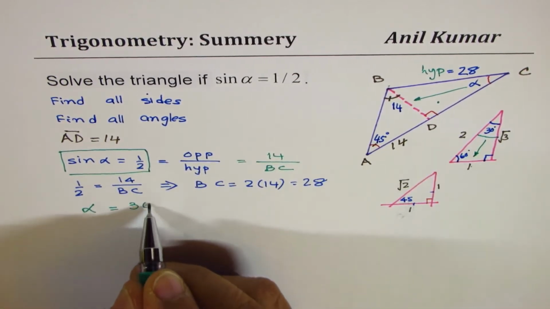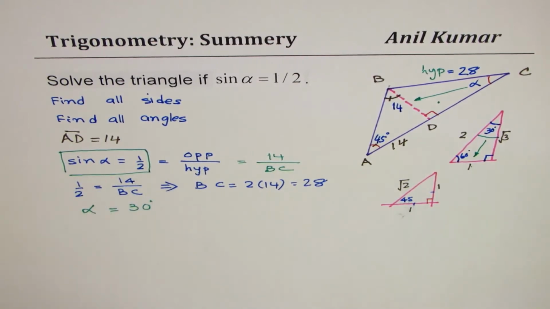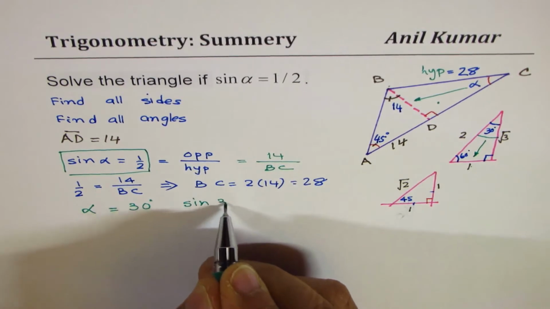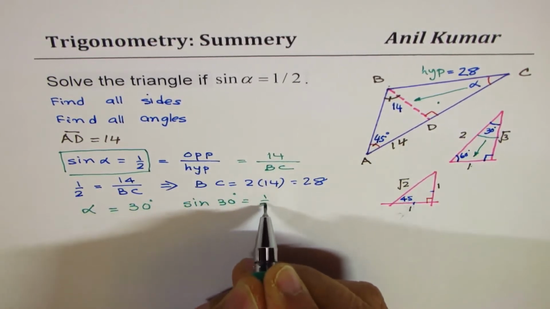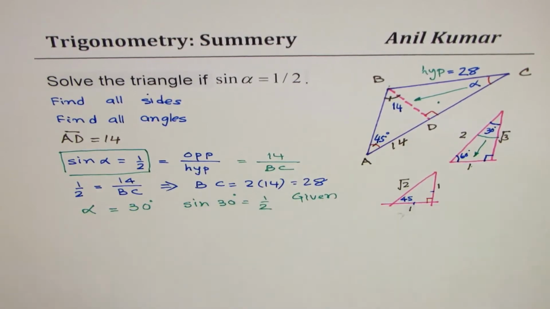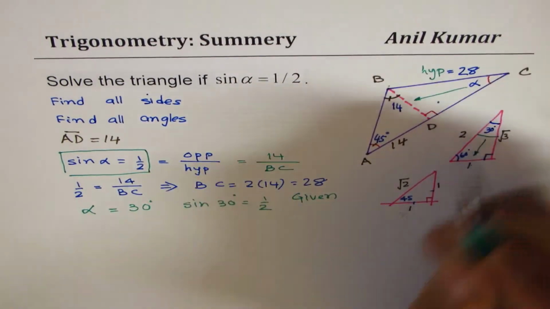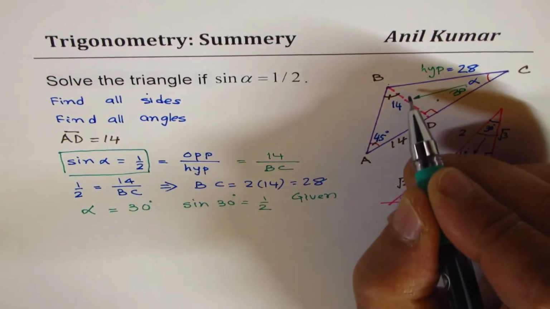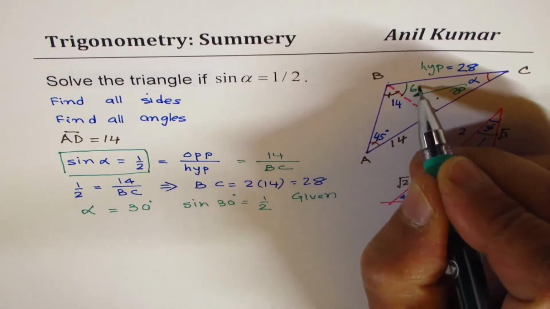Does it make sense to you? So by comparing, alpha equals 30 degrees, since sine of 30 degrees is half, which is given. Does it make sense to you? So now we find that alpha is 30 degrees. So this angle is 30 degrees. Obviously, that should be 60 degrees now.